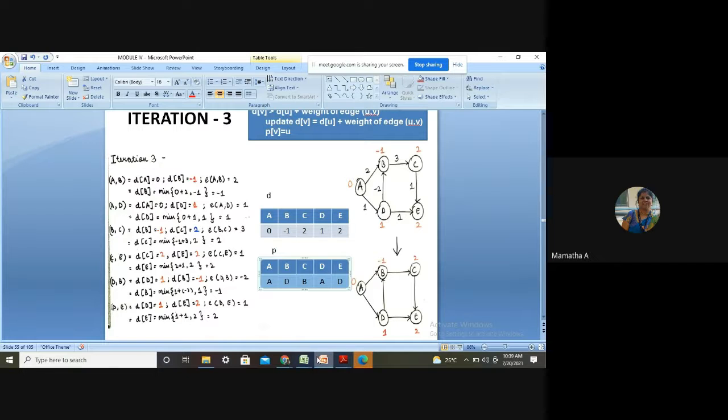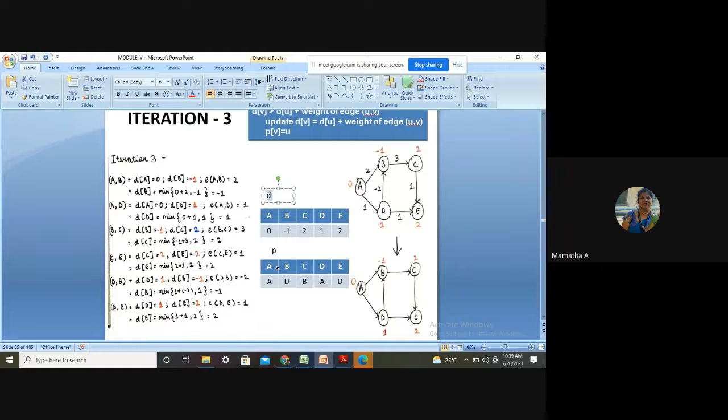How many iterations are we supposed to do for all the edges? 4, ma'am. 4. But I can stop at iteration 3 itself because iteration 3 values of the D array are the same as iteration 2. At that point of time, you can stop. You need not do all the iterations.